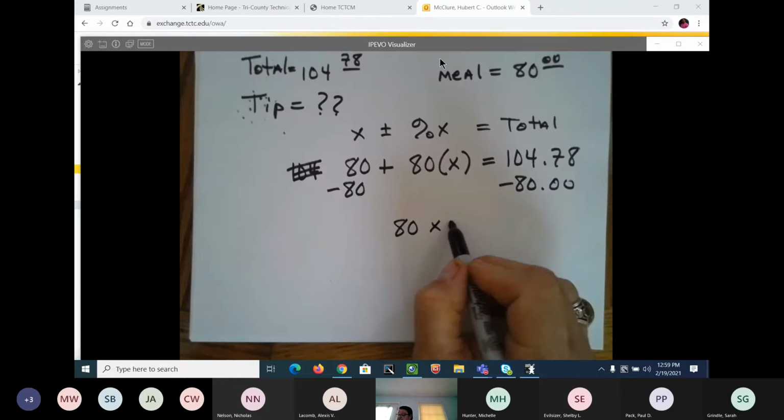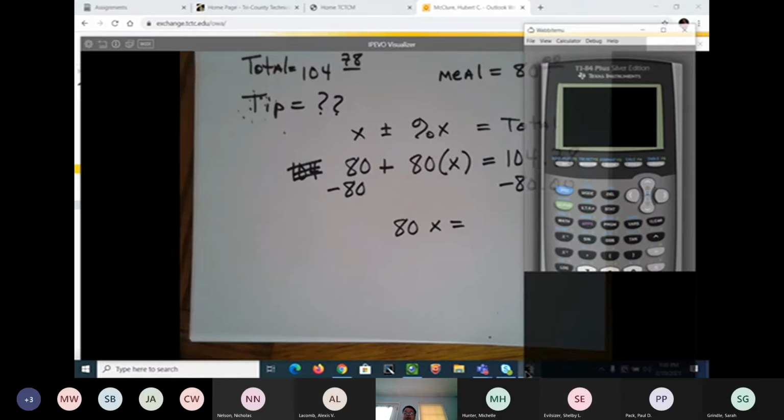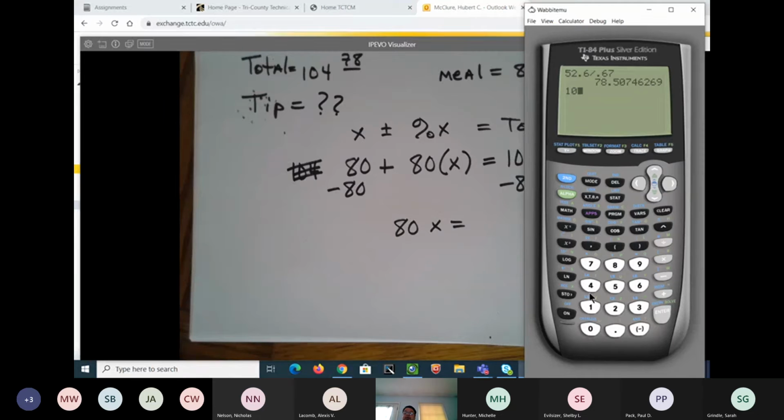is equal to, well, 104.78 minus $80, and you can use your calculator on this. 24.78.